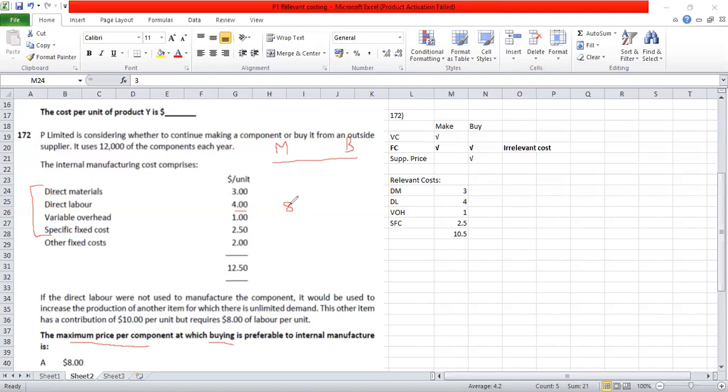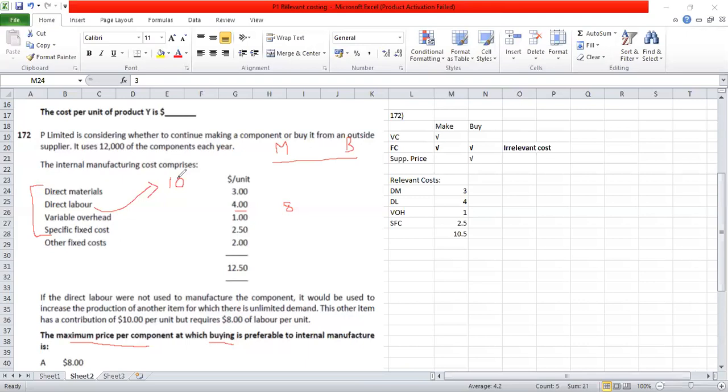But apart from that, this variable will be diverted, and it will give them a benefit of $10 contribution. But $10 contribution is where double resources are contributed. Here, only 4 is contributed. When 8 is the labor cost, contribution is 10. When 4 is the labor cost, contribution will be only 5.